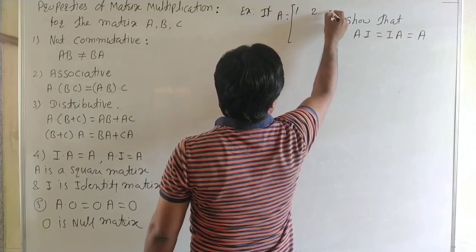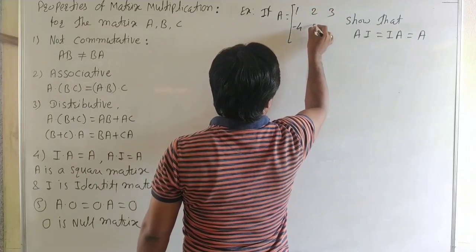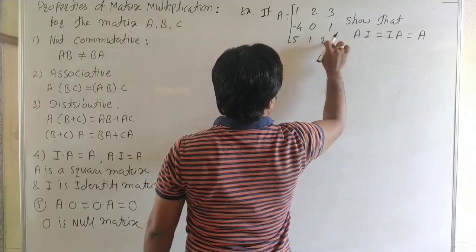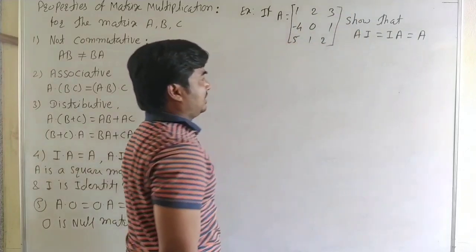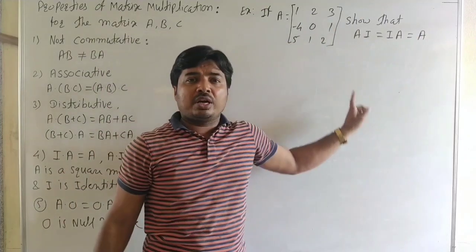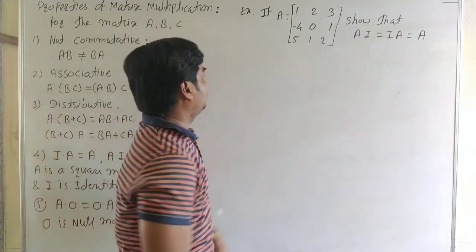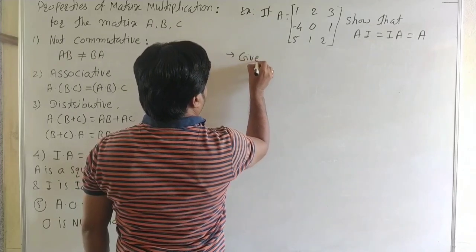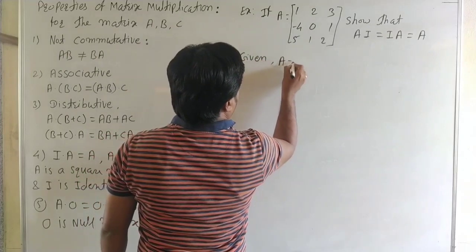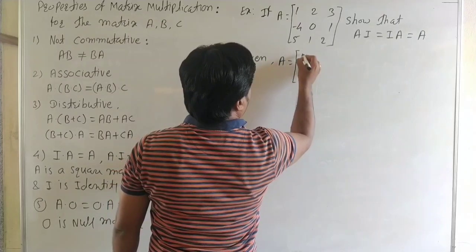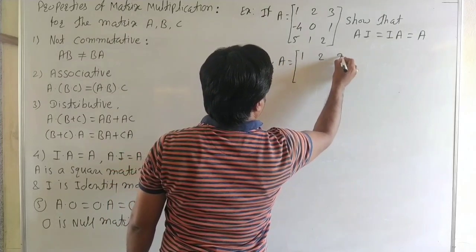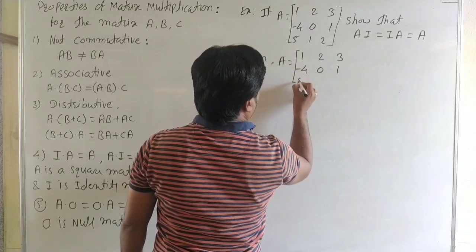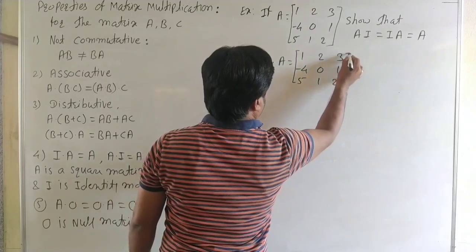1, 2, 3, -4, 0, 1, 5, 1, 2. Here it is a 3 by 3 matrix. Therefore, this I is also the identity matrix of order 3. Now given A: 1, 2, 3, -4, 0, 1, 5, 1, 2.